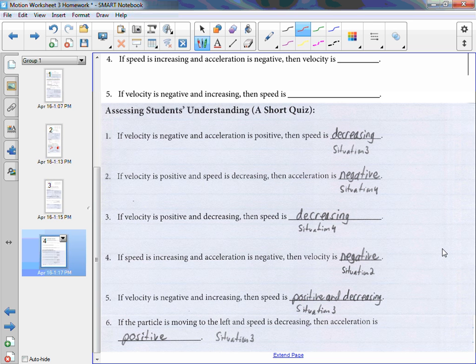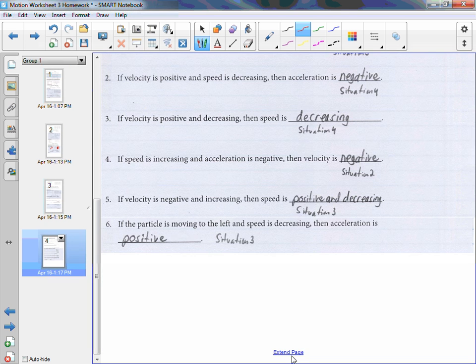And if speed is increasing and acceleration is negative, then according to situation 2, the velocity is negative. Now, number 5. If the velocity is negative and increasing, then, according to situation 3, the speed is positive and decreasing. If the particle is moving to the left and speed is decreasing, then, according to situation 3, acceleration is positive.